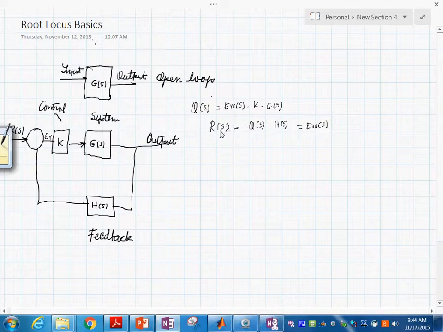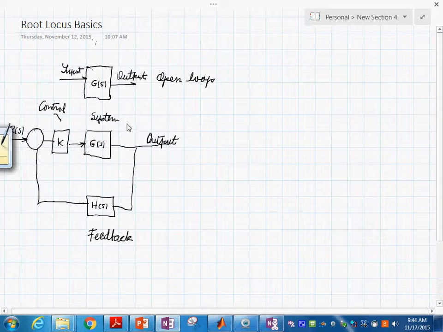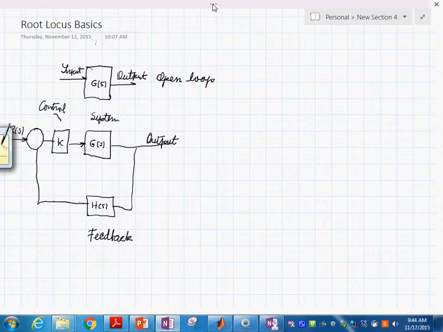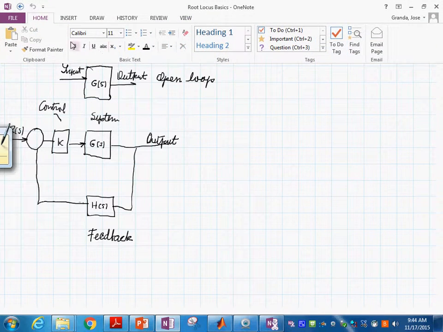And then we have this reference here minus, obviously, the output of S multiplied by H. That is going to be our error.